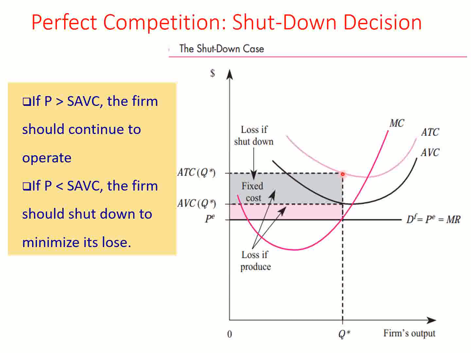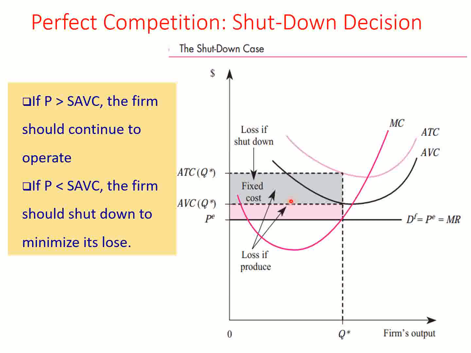By the way, if the price is equal to the average total cost, which includes the average variable cost and the average fixed cost, and if we shut down, there is a loss of fixed cost.